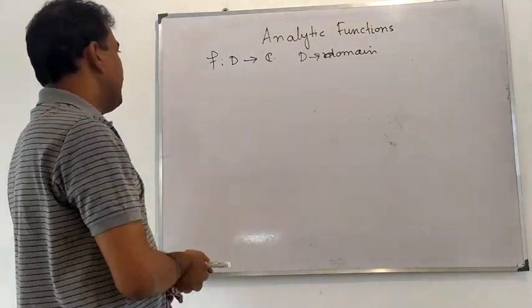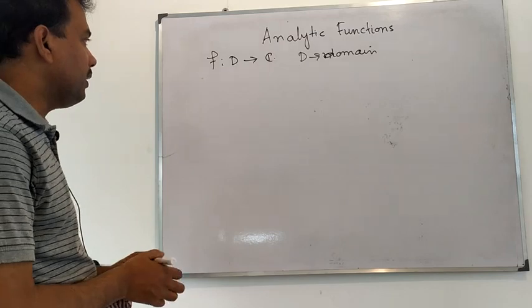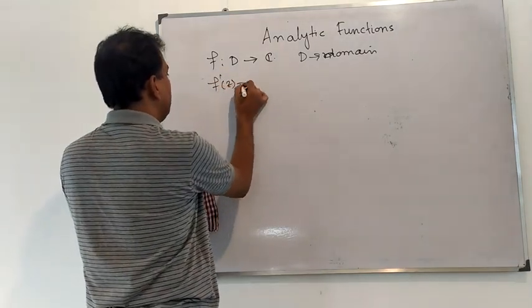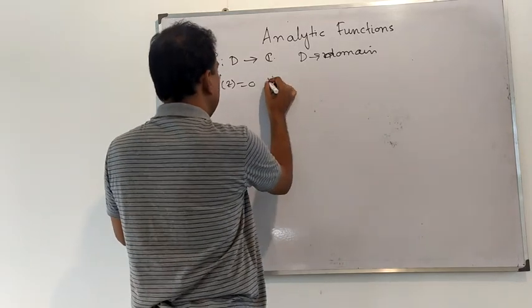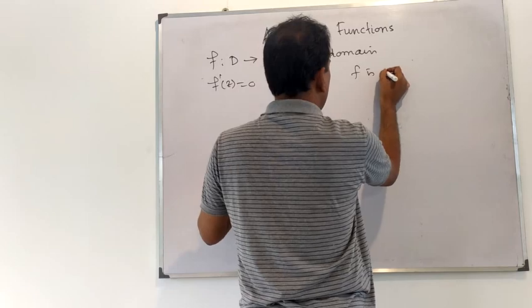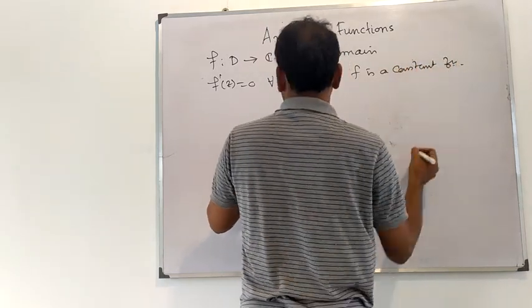Now, we prove that if f is analytic on D where D is a domain, and if f'(z) equal to 0 for all z belonging to D, then f is a constant function.